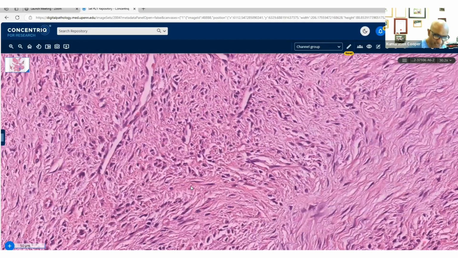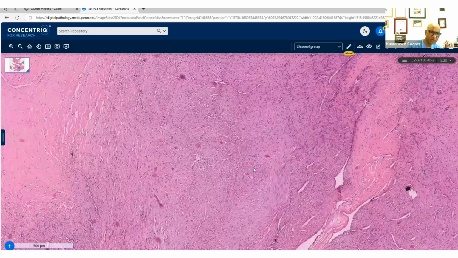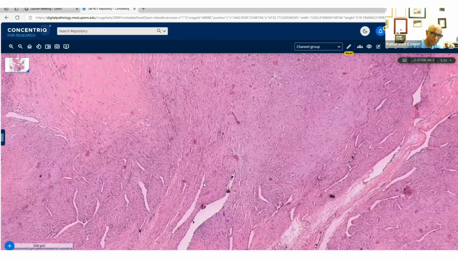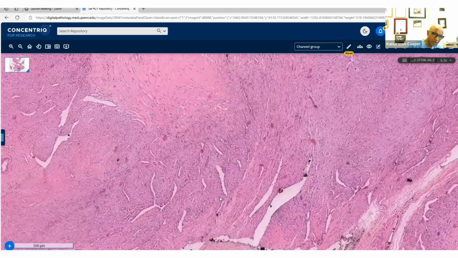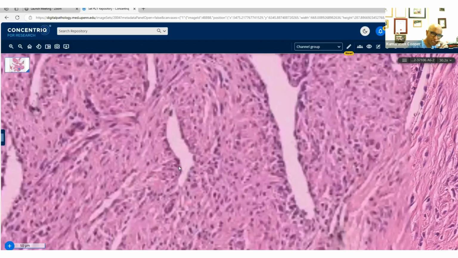You all familiar with the entity of fibroma of tendon sheath? In the fingers and toes it would be called a fibroma of tendon sheath. This particular tumor is a little more cellular, and some people call it a cellular variant of a fibroma of tendon sheath. These are the features of it: multinodular with fibrosing areas and these much more spindled areas.